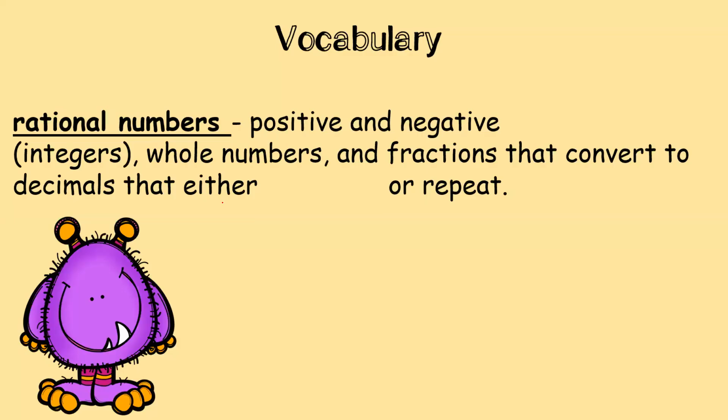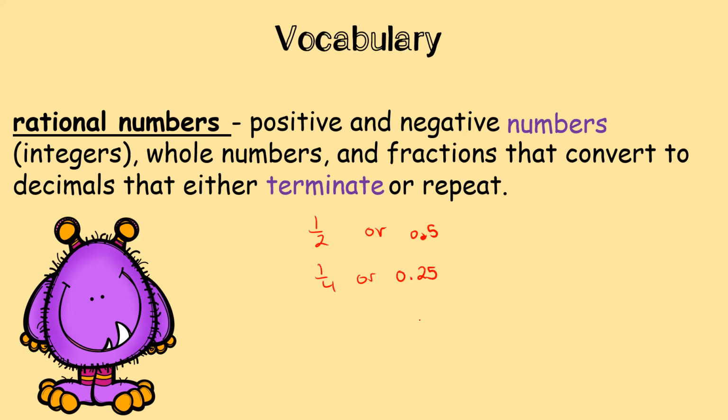A rational number, or rational numbers, are positive and negative numbers: integers, whole numbers, and fractions that convert to decimals that either terminate or repeat. What does the word terminate mean? It stops, right? So fractions that stop, like 1/2, or we can write 1/2 as 0.5, or 1/4, or 0.25.